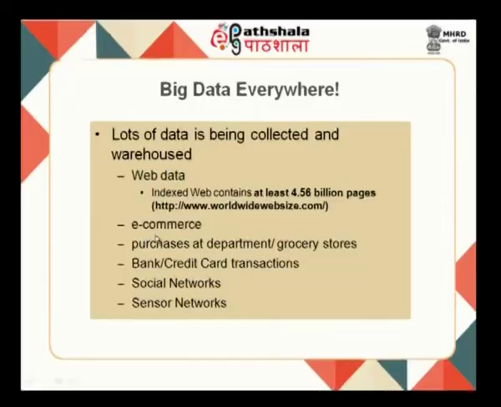The third place where we can find big data is purchases made at various department and grocery stores, bank credit card transactions, and one important thing on the web, social networks. Social networks is one place where we can find such huge or voluminous data.